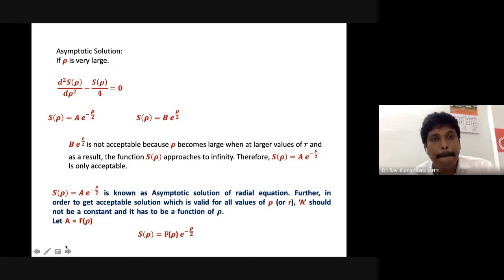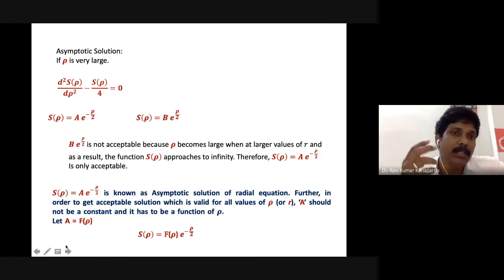Suppose rho is very large. Just imagine that rho is very large, which means the radial distance r is very large. Rho and r are directly proportional, so if r is very large, rho is very large.